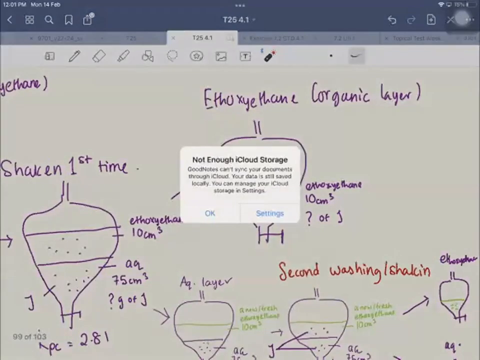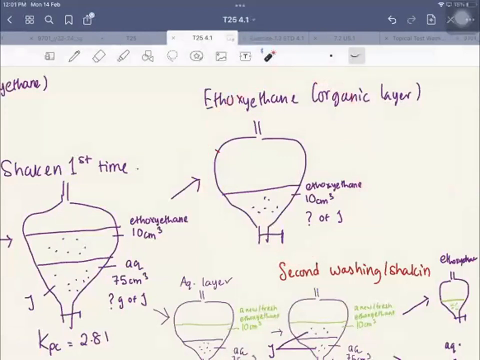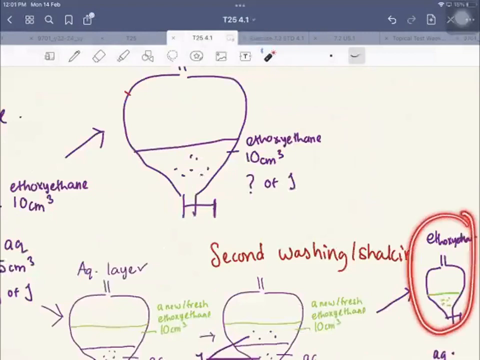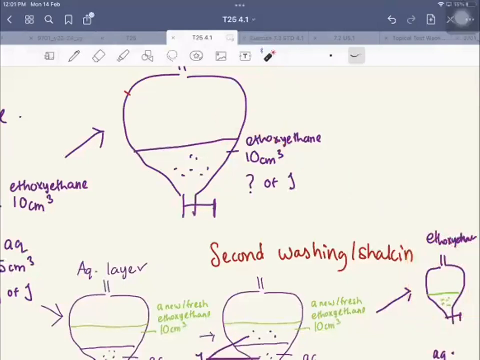So remember the first organic layer from the first washing and the second organic layer, which is your ethoxyethane layer, from the second washing. You want to combine these two later on, and then they want you to calculate the total mass of J extracted by this procedure.